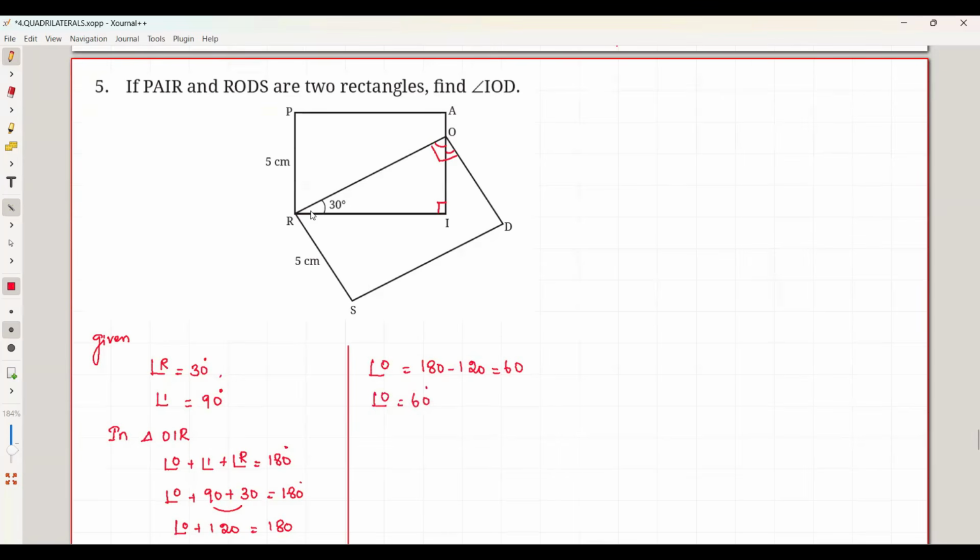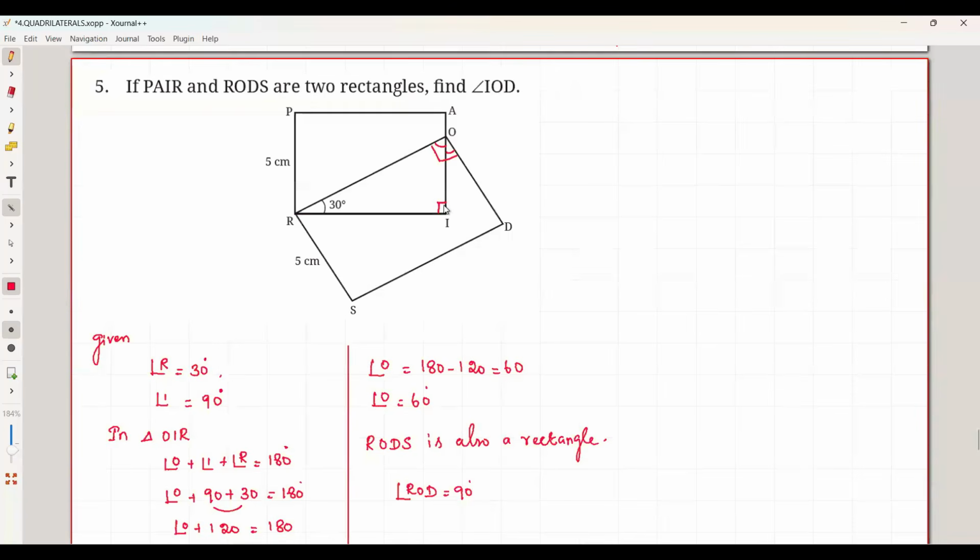Now angle O is equal to 60 degrees. So we can just say RODS is also a rectangle. If it's a rectangle, each angle will be 90 degrees. So angle ROD will be 90 degrees.